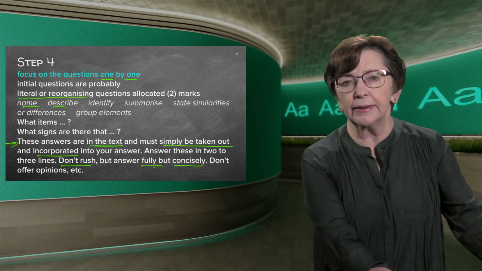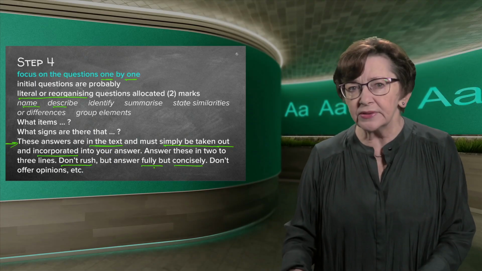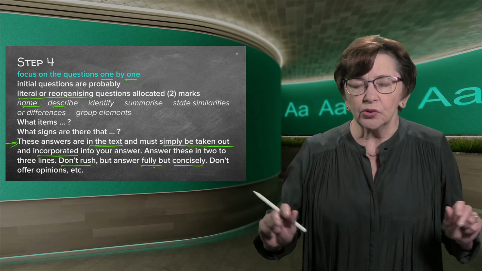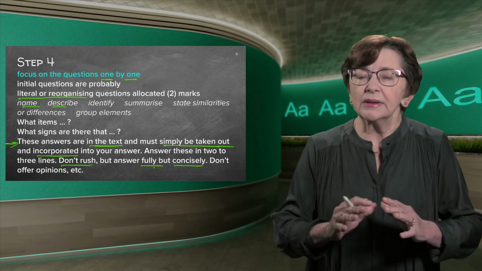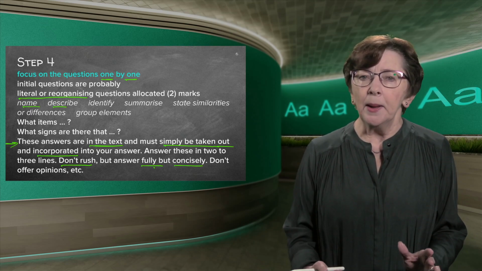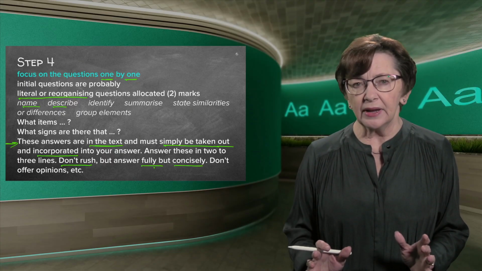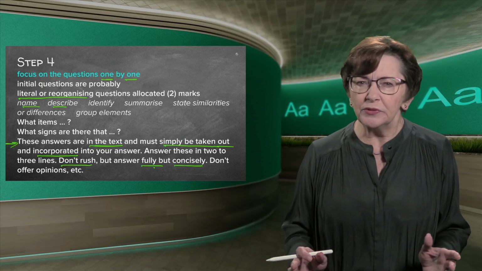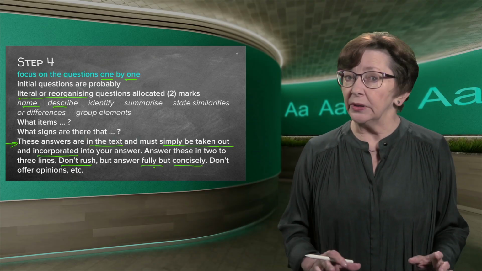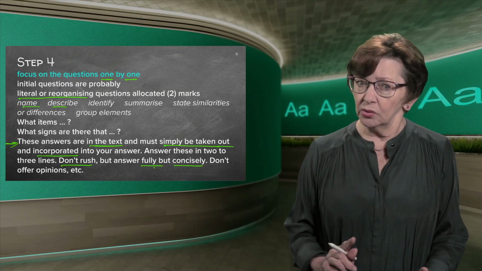You can't just take that sentence from the text and plonk it onto your answer sheet. That's not how you should answer. Furthermore, don't quote, right? Think in a simple way and just answer the question simply but fully, but concisely. Don't overdo it. Don't become too wordy about it. So remember this thing about lifting. Don't just lift from the passage, because that's not answering in your own words.